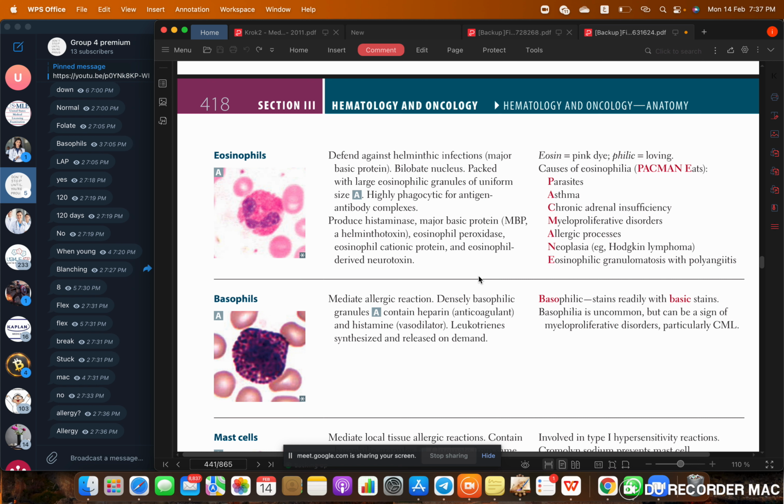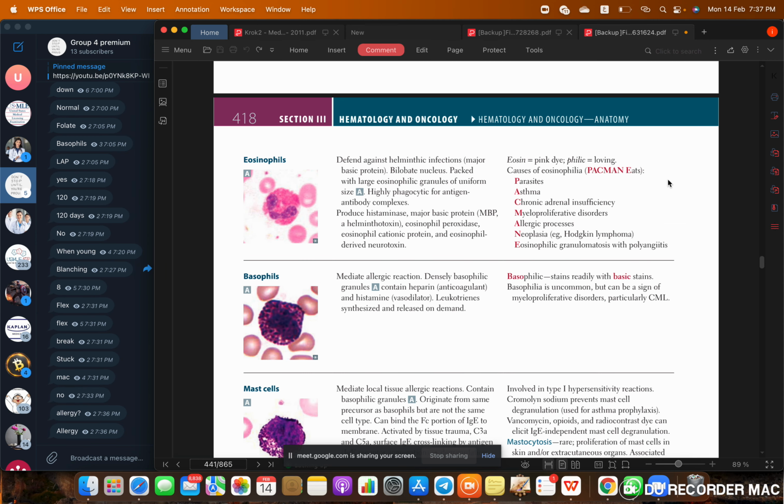Allergies and asthma. Absolutely, allergies and asthma. We truly don't know the exact cause of asthma. We know the pathogenesis, but we don't know the exact thing that is leading to it. So yeah, that's interesting. If you can find something, you will get a Nobel Prize.